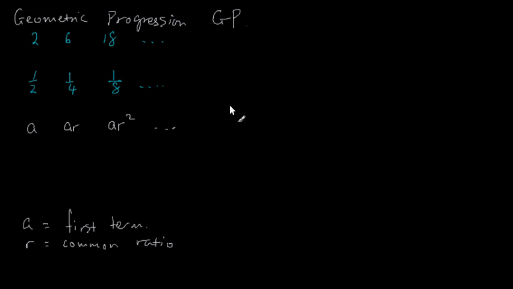Okay, so what I'd like to have now is a formula for a general term. I shan't call it the rth term because I've already used the symbol R for the common ratio. So let me call it the ith term. I is just a number, so like maybe the 4th term or 5th term. If you're seeing this for the first time, the ith term looks a bit odd, but let me just write down an example.